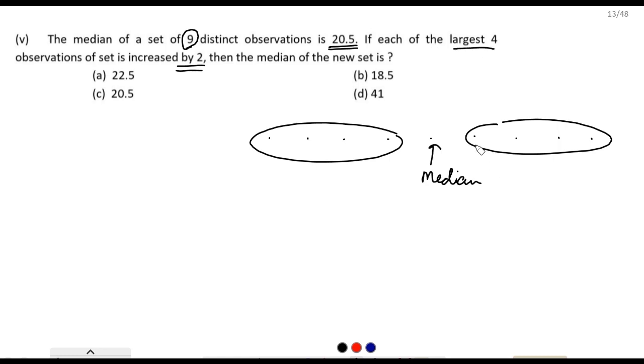Each of the largest 4 terms is increased by 2. It means there is no change in ascending order. Then the median of the new observations will be the same, 20.5, because there is no change in the middle term and no change in order.